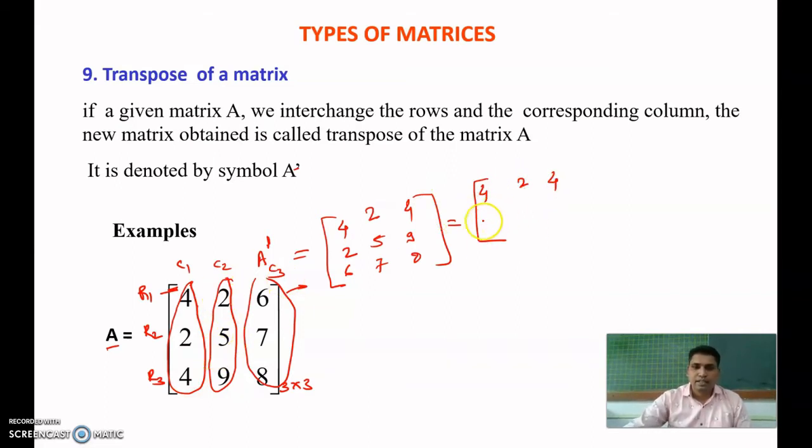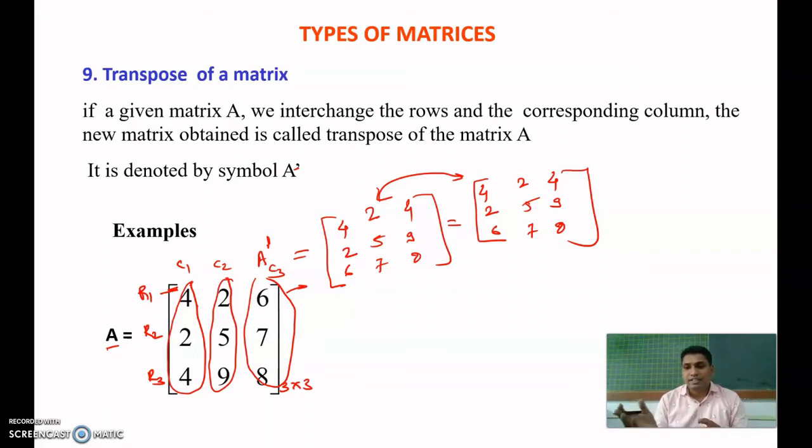Then the second column 2, 5, 9, and then the third column. So you will get both equal. So to find the transpose, we can either interchange rows to columns or columns to rows. Any method can be used to find the transpose.